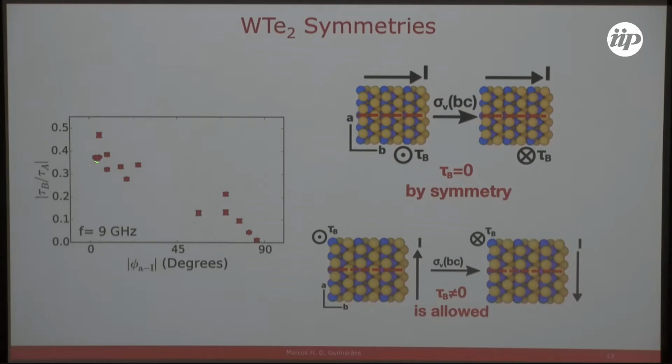We have a maximum when the current flows along the a-axis, and it nicely decreases as it goes parallel to the mirror plane. So it seems to be coming really from the symmetries of the tungsten telluride.